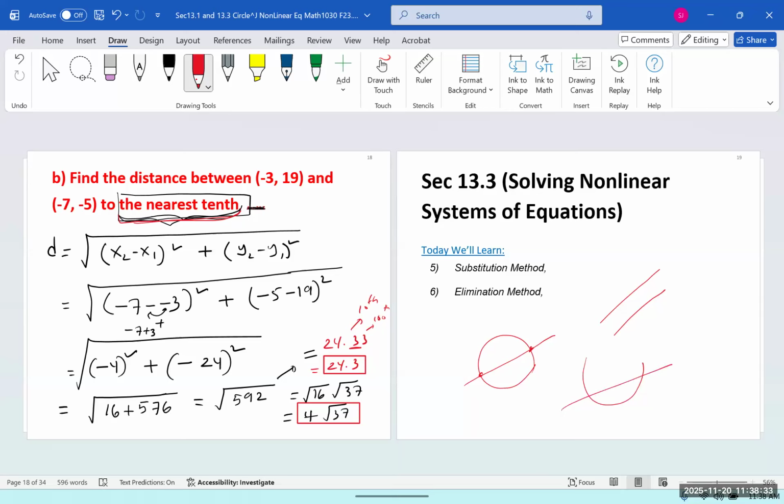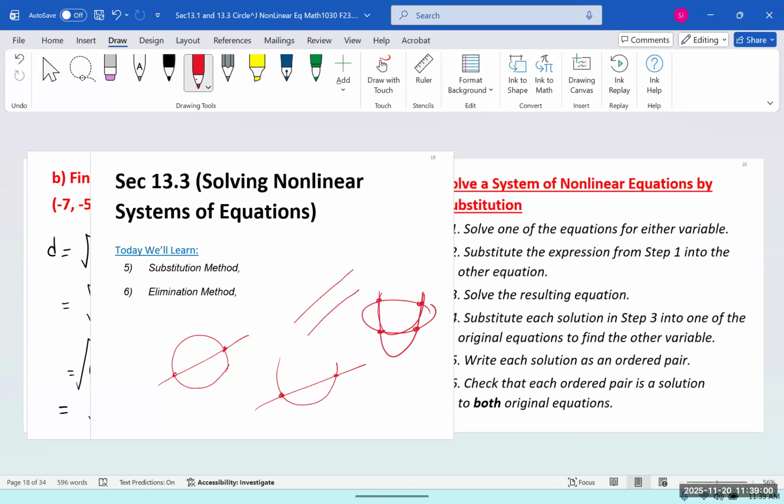Or a parabola and a circle, and they ask for the solution, meaning how many times they intersect. So this is the idea behind solving nonlinear systems of equations.